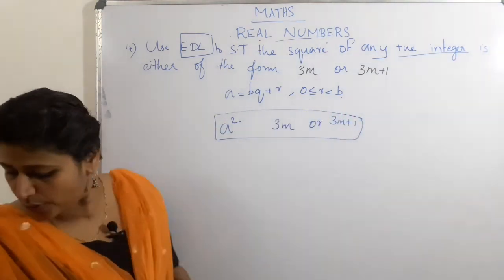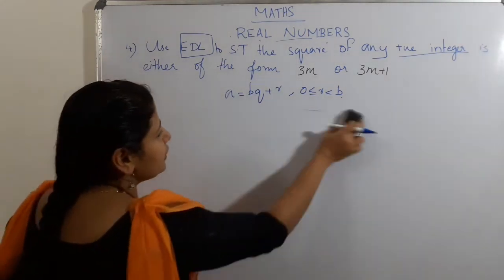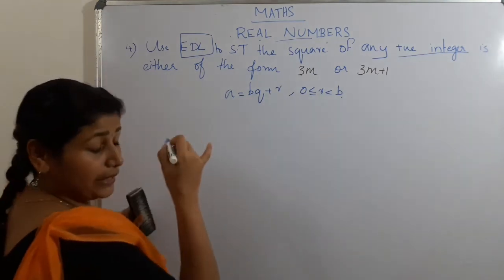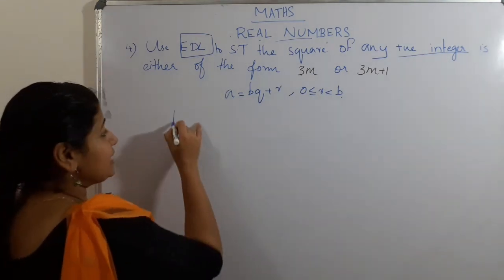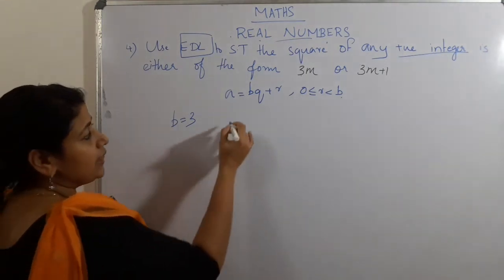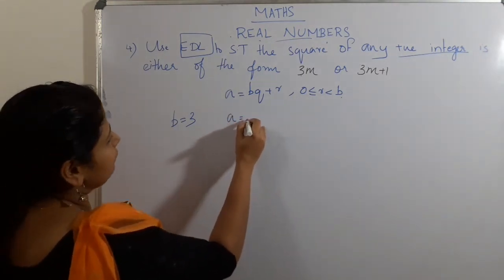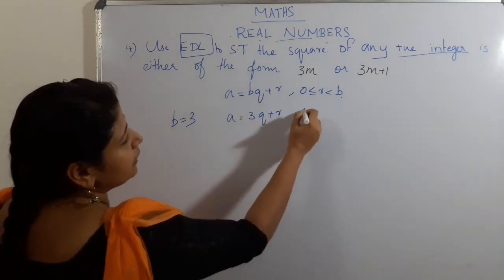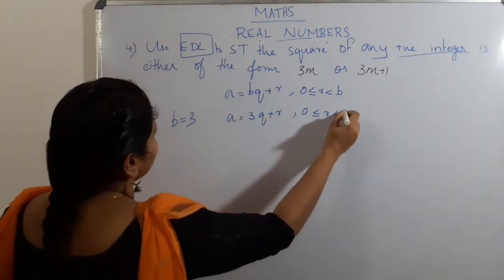Got it? So, first we are going to find out this a. Here, we need 3m and 3m plus 1. That's why we are taking this b as 3. Then a will become 3q plus r, where 0 less than or equal to r less than 3.